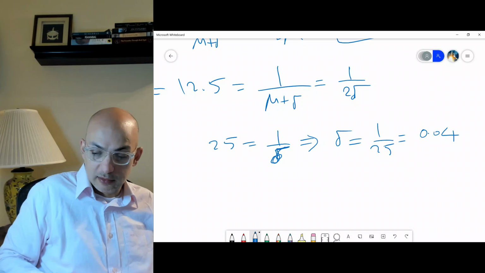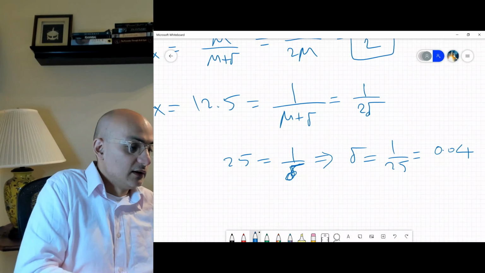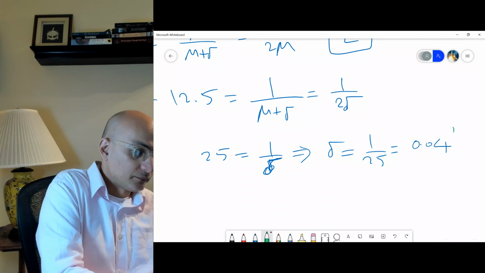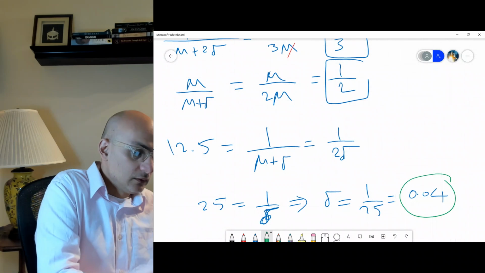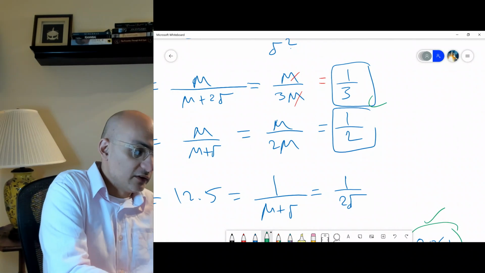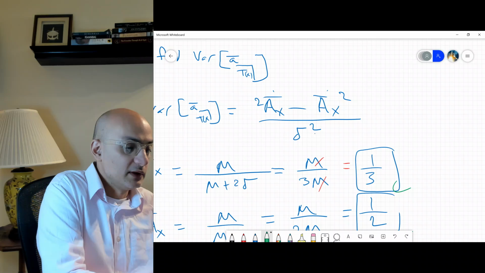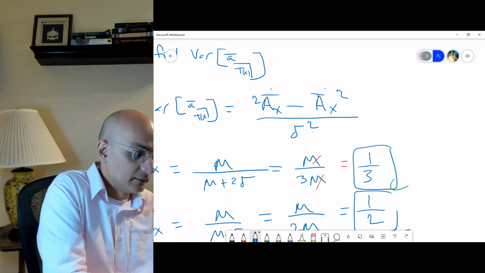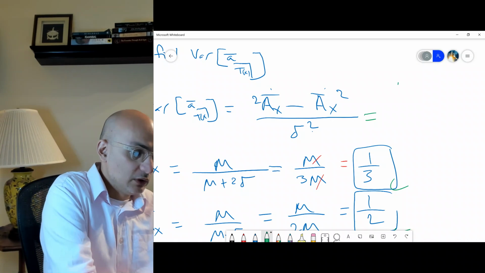Right? Clear? So this is very easy. Now we got this, we got this, we got this. Now we go back to the formula here. We got everything we wanted, right? So this one will be 1/3 minus 1/4, divided by 0.04 raised to 2.